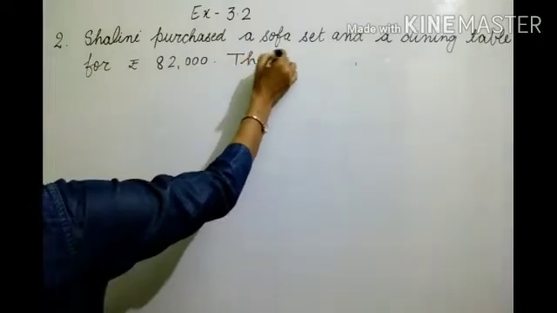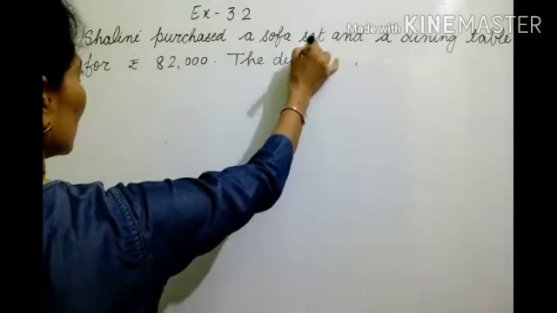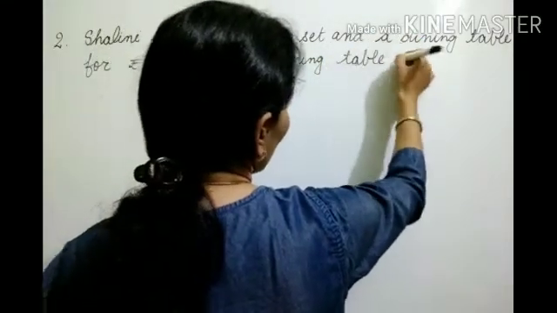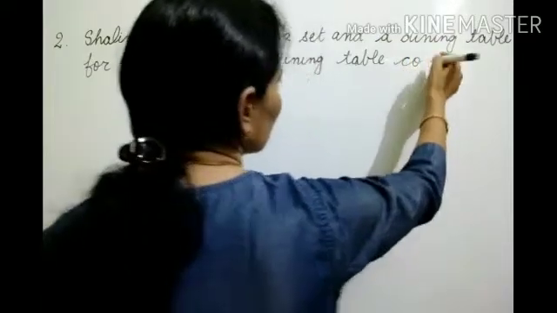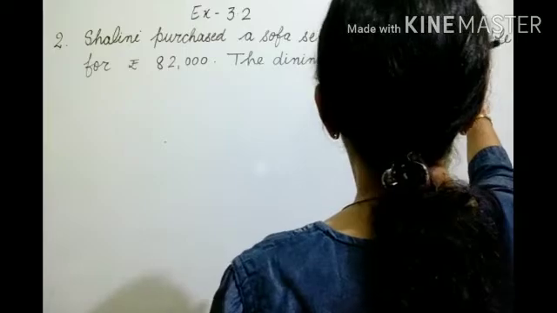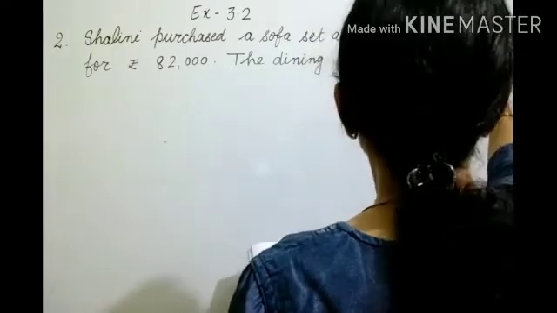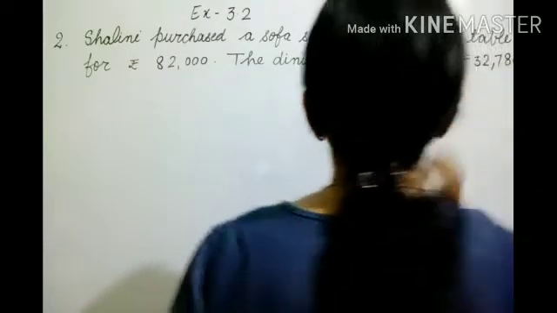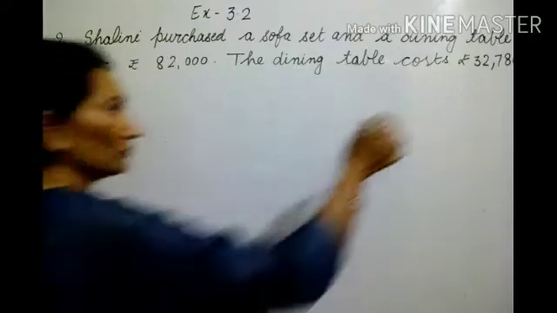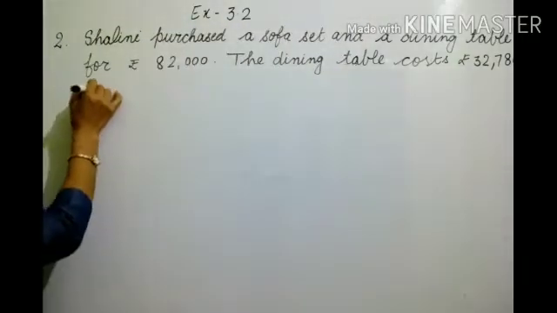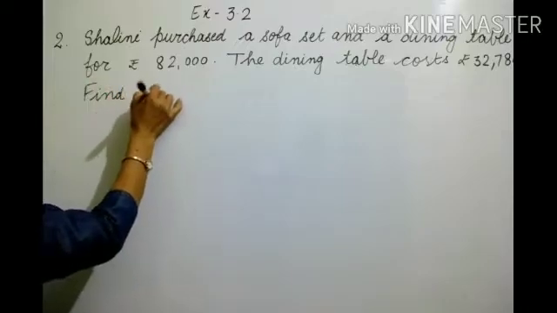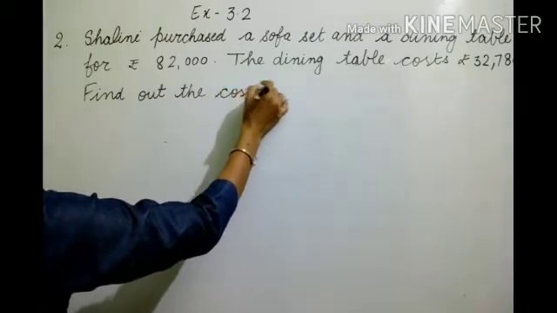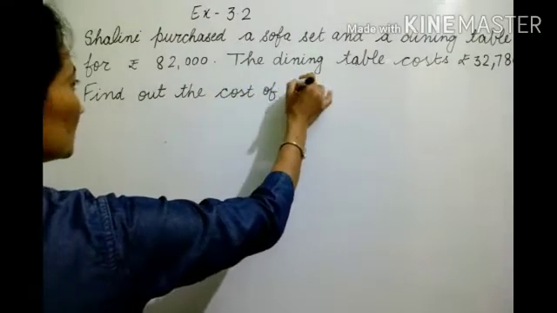The dining table cost rupees 32,780. Find out the cost of this sofa set.